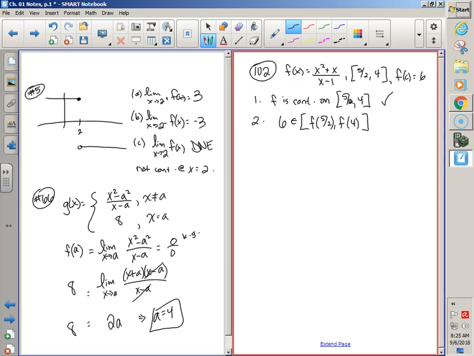Well, who are the in-between y's? Well, I don't know. These are the x's. Go plug in. And what'd you guys figure out when you plugged in 5/2? Anybody already do that? 27?